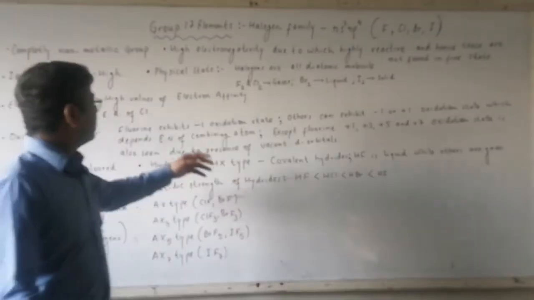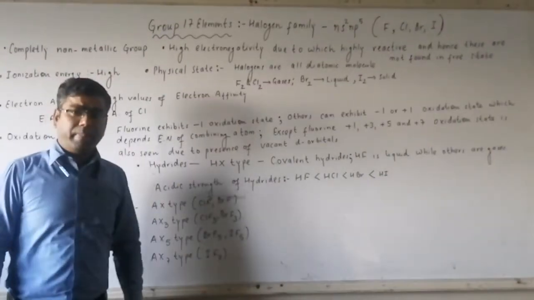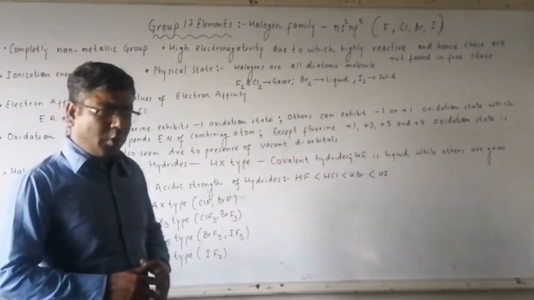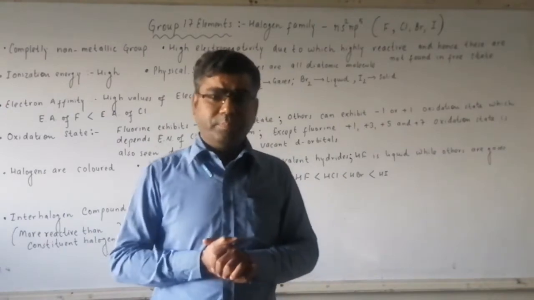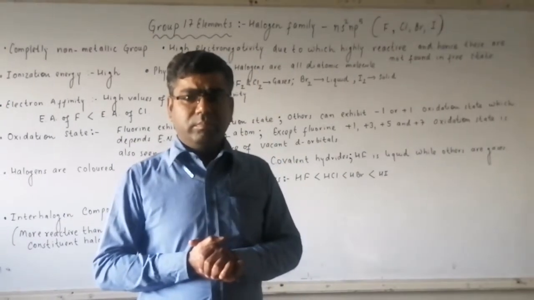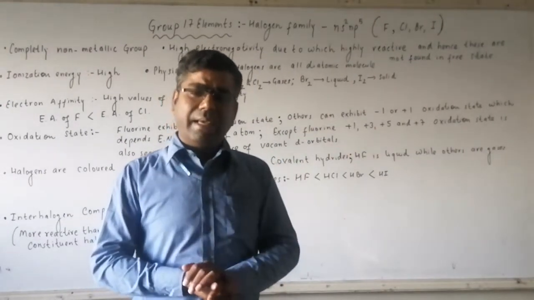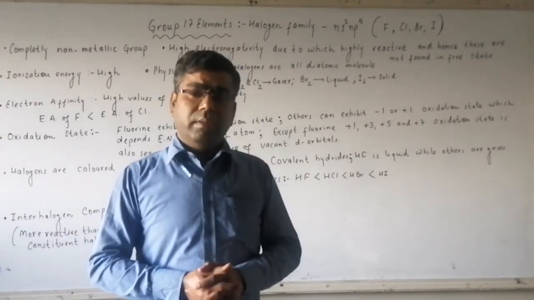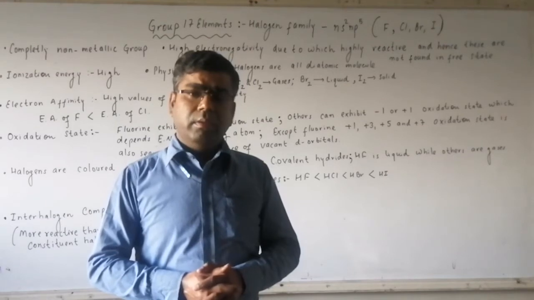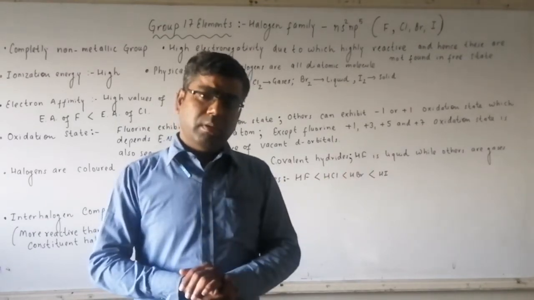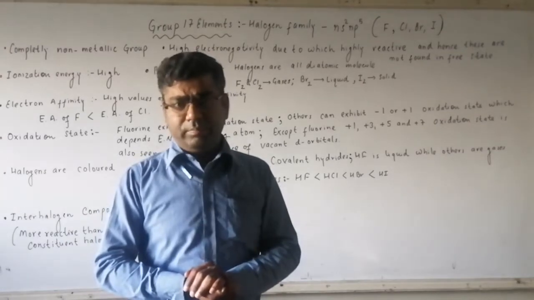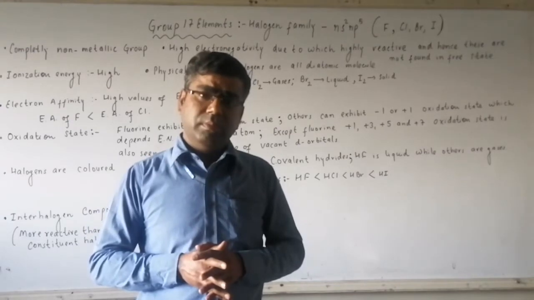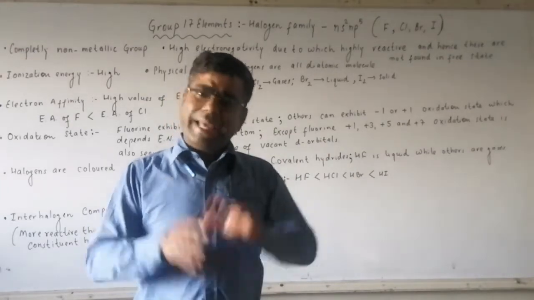Then, the high electronegativity. Whenever we talk about any period, group 17 is at the last. We are not bothered about group 18 because these are non-reactive in nature. So group 17 elements are last, or just before group 18, in any period.